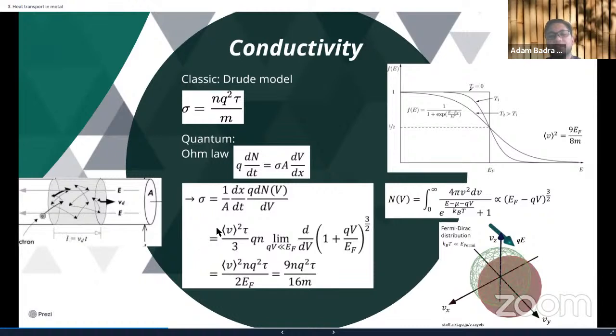Length is v tau. So this v comes from here. So L times v means v squared tau.